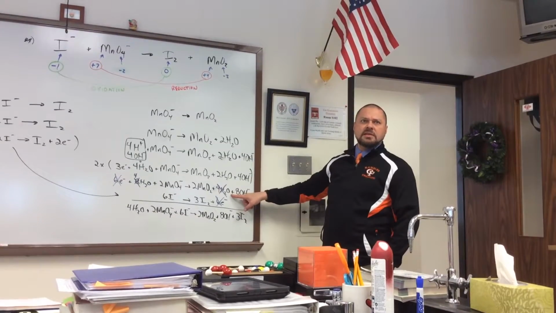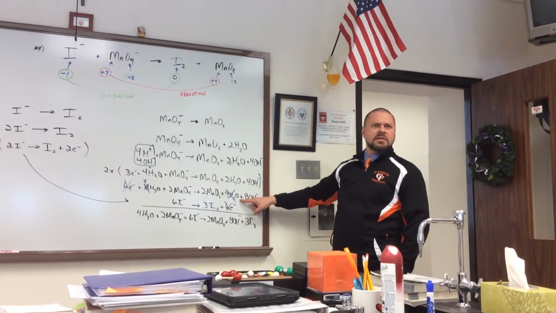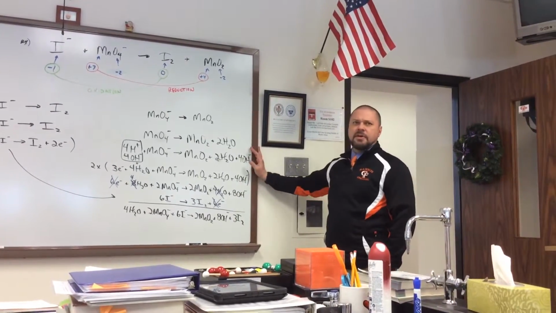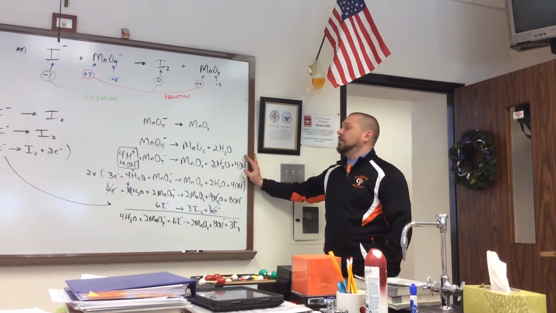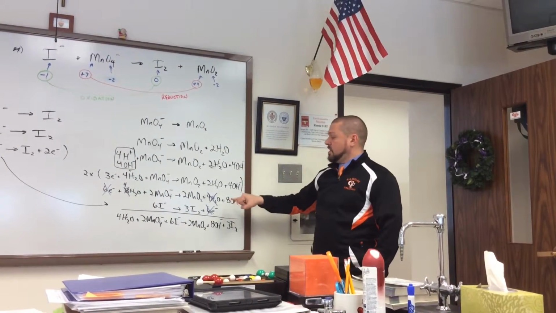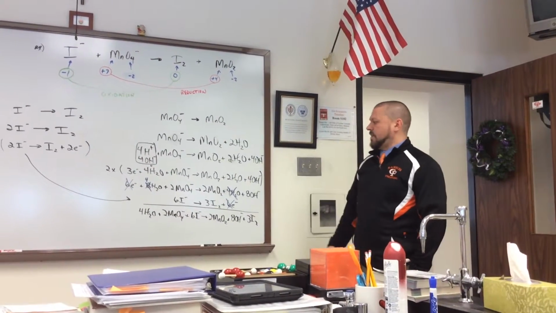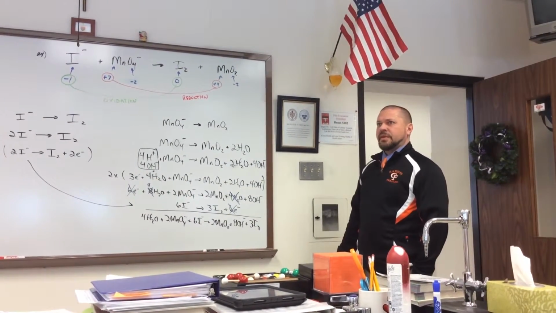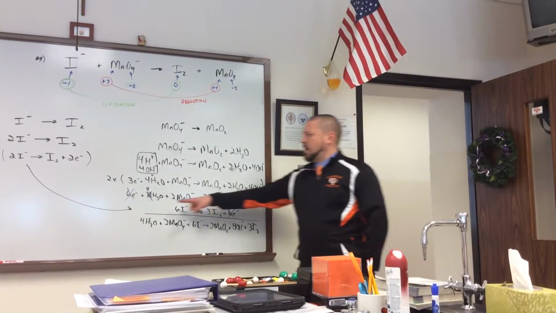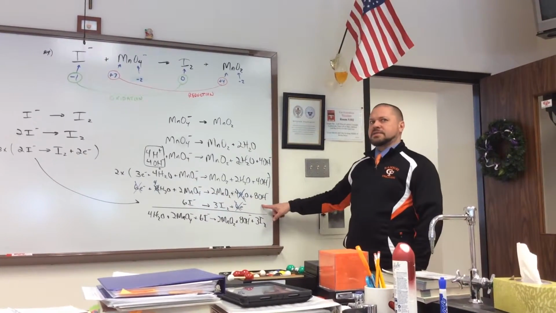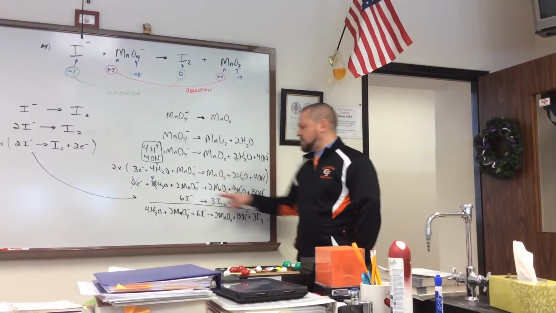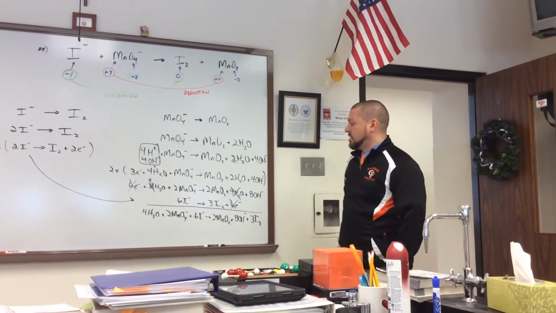Is that answering what you're saying? If that's what you're asking, no, it doesn't have to be. It just has to be something that appears on both sides. Like if I had Na plus and Na, I can't cancel those. But if I have Na plus and Na plus, I can cancel those.